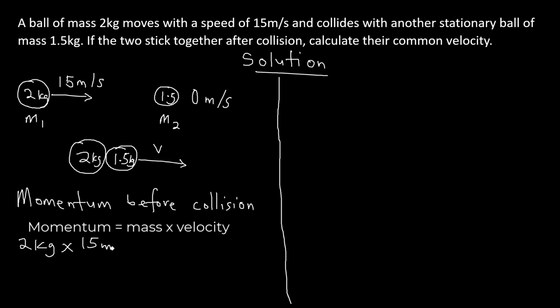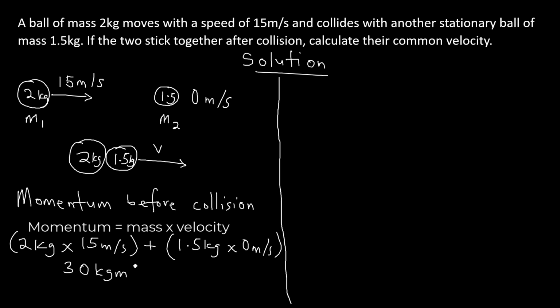So that's the momentum of M1 plus the momentum of the second object, the mass, which is 1.5 kilograms, times the velocity, 0 meters per second. So 2 times 15 gives us 30 kilogram meters per second.